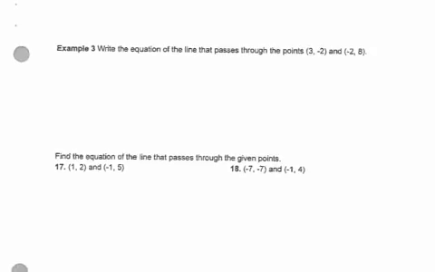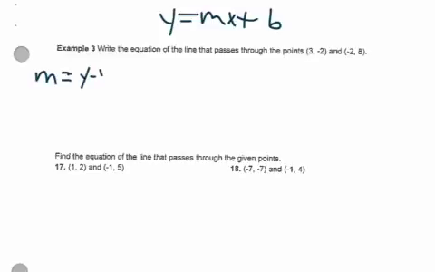Okay, so this time we have to find the slope and the y-intercept. So we need to find two items. So again, y equals mx plus b. They don't give us anything. But at this point in the year, we know how to find slope and we know how to find the y-intercept. So to find slope, m equals y minus y over x minus x. And where do I get that from?